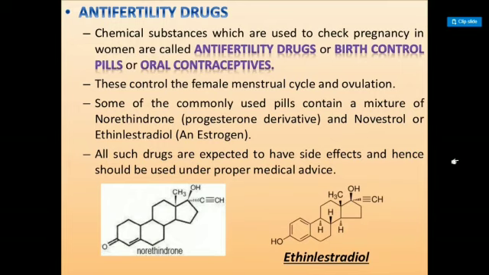All such drugs are expected to have side effects and hence should be used under proper medical advice. Anti-fertility drugs, that is, birth control pills, control either hormones, estrogens or progesterone.